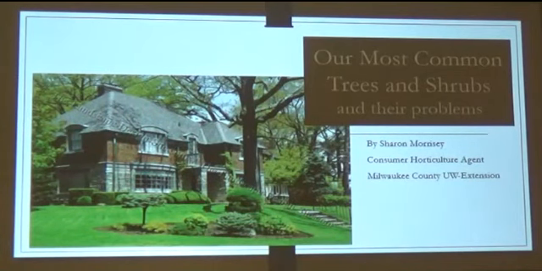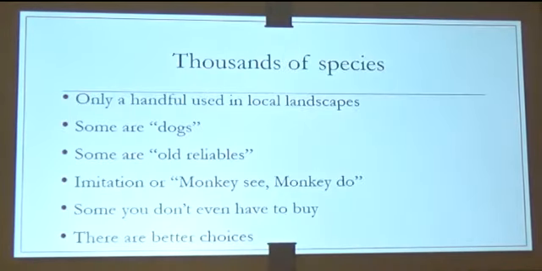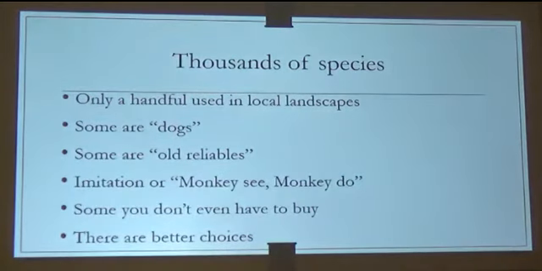But this session isn't really about managing your landscape. This session is more about the plants that everybody seems to have in their yards. I realize that there's really just a handful, well, okay, 2 handfuls, well, maybe 3 or 4 handfuls and a foot full of plants that everybody has in their yards.